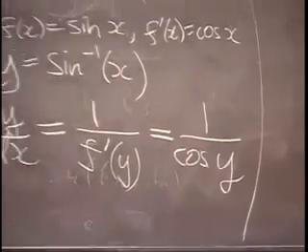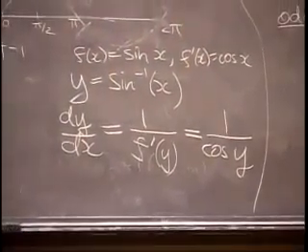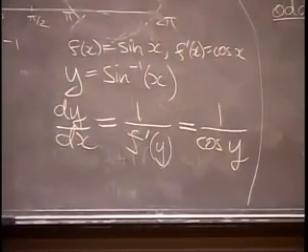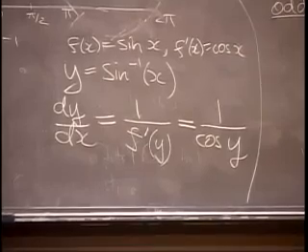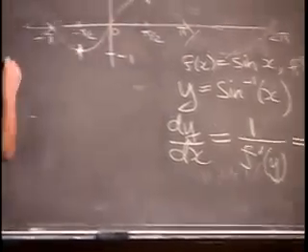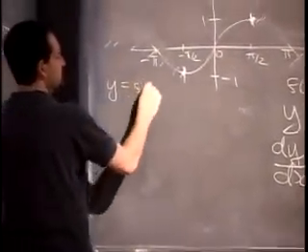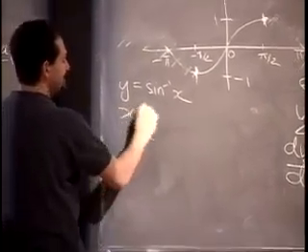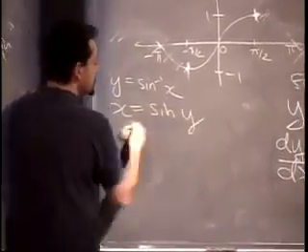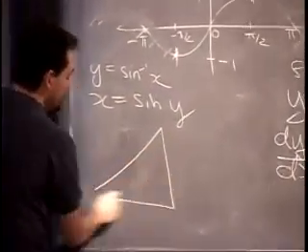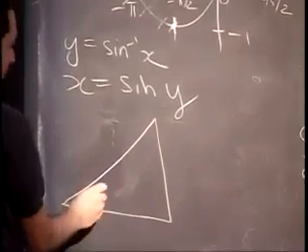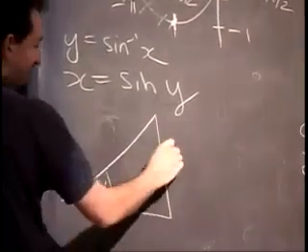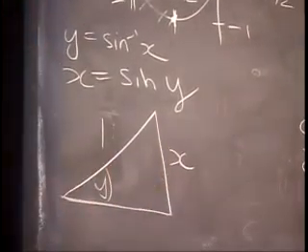What's 1 over cosine of y? That can't be the derivative. We wanted something in terms of x. So let's draw a little triangle. If y is inverse sine x, then x is sine y. So that suggests that maybe we should draw a triangle here and say, okay, that angle is y, and sine of it is x over 1.